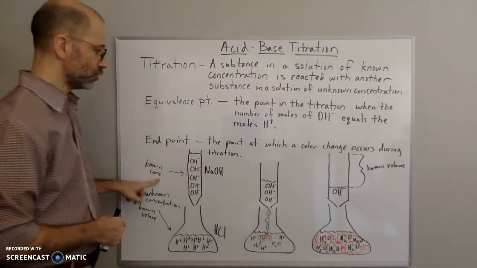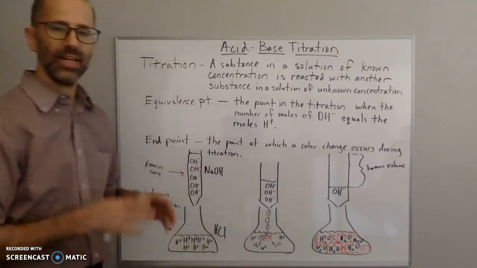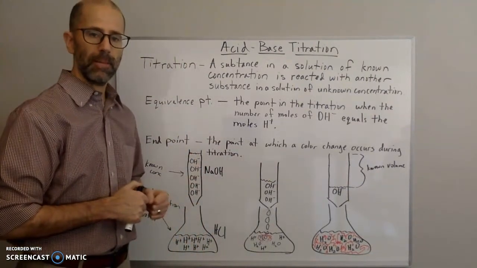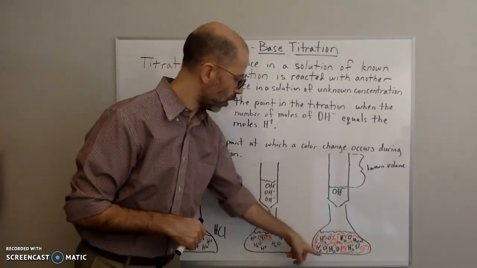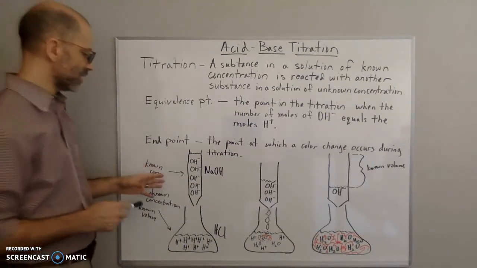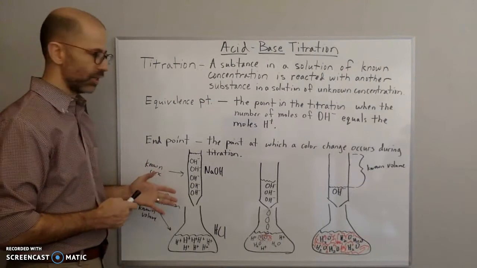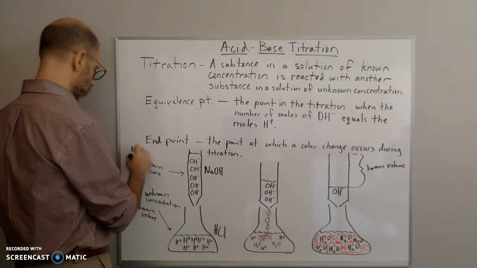So I know the concentration, and at the end I know the volume that I added to neutralize my acid. So now that my acid is neutralized, there's nothing in here but water. So now what I can do is I can take my known molarity, right, which is the concentration.